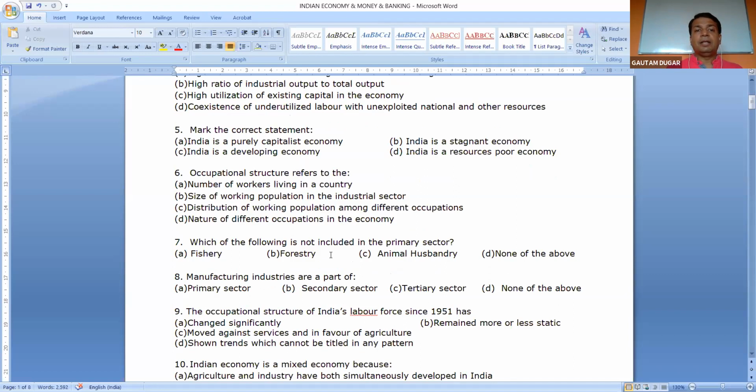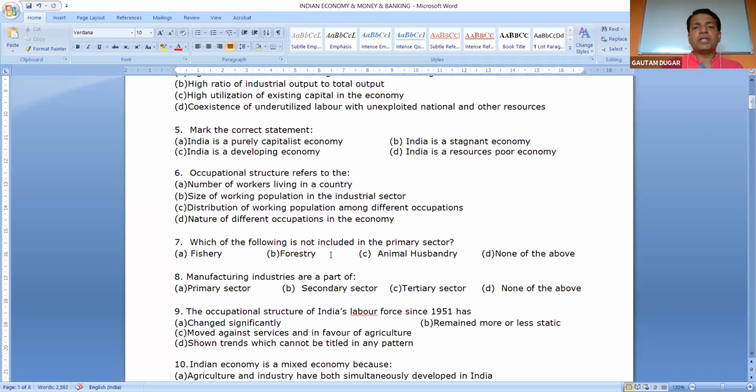Distribution of working population among different occupations, that is more proper. Nature of different occupations, obviously not. So A and D are out. Between B and C, obviously C is the right answer. Distribution of working population among different occupations. Very good answers from Sangeeta, Pallavi, Kushi, Divya, Shorya, everyone. It's C.